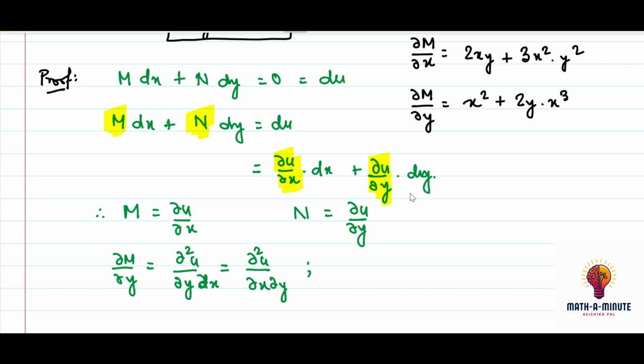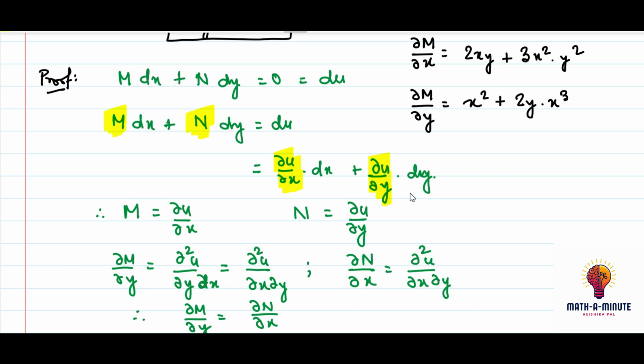In a similar way, if we partially differentiate N with respect to x, it will be del 2u del x del y. Therefore we can say del M del y equals del N del x. In this way we can prove this condition, but the proof is not important.